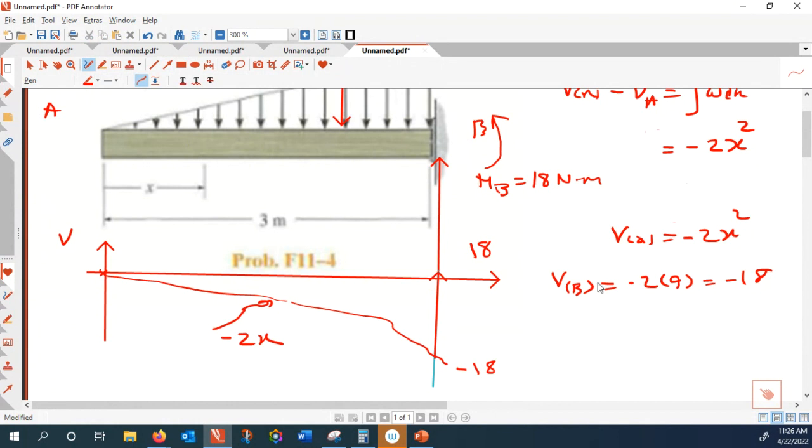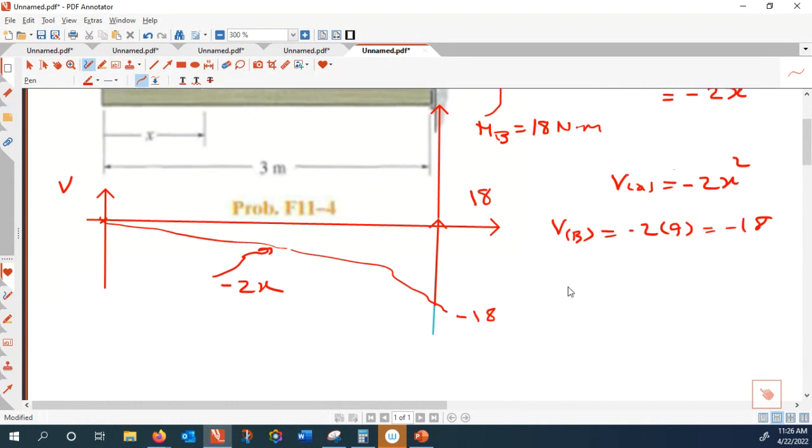How about M? M of x minus M of A is equal to the integral of V dx, and there is 0 bending at the beginning, so that vanishes. M of x is minus 2/3 x cubed.